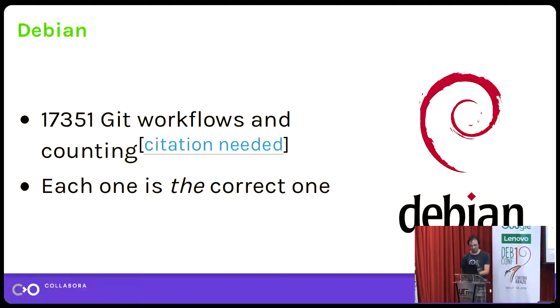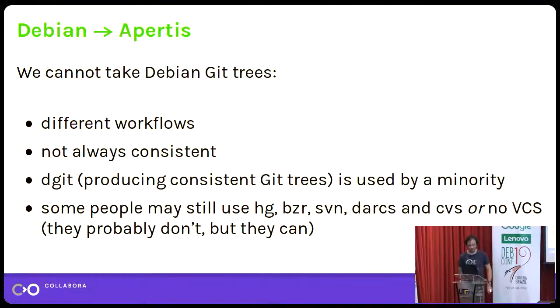And it's not mandated by the policy, even though Adam has recently started discussing a potential GR for mandating just one correct Debian workflow, but I don't think this is going to happen soon. So basically, that's one of the reasons why we can't just take existing Debian repositories in Apertis, because, as I said, workflows are all different.